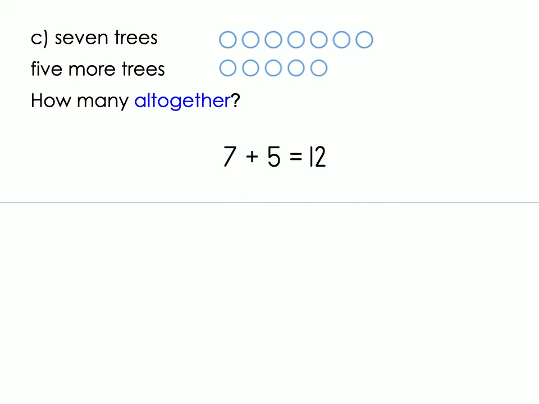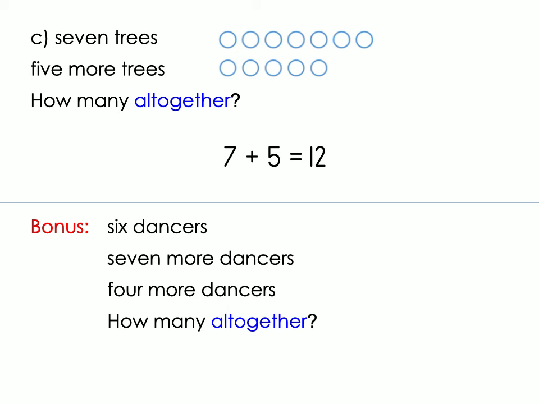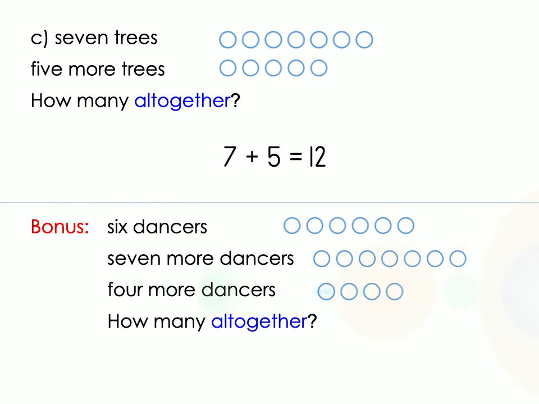There we go. And we can even do this for harder questions. Imagine we had 6 dancers, 7 more dancers, and 4 more dancers. How many altogether? Well, we could make 6 and 7 and 4, and altogether it would be 6 plus 7 plus 4.